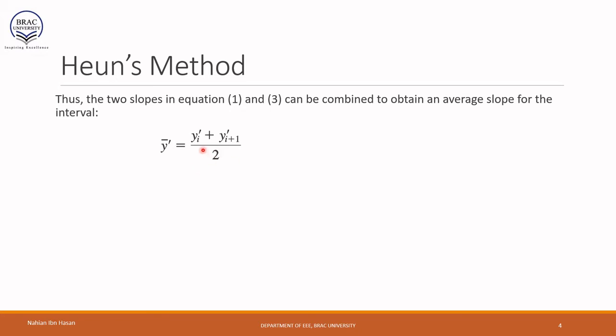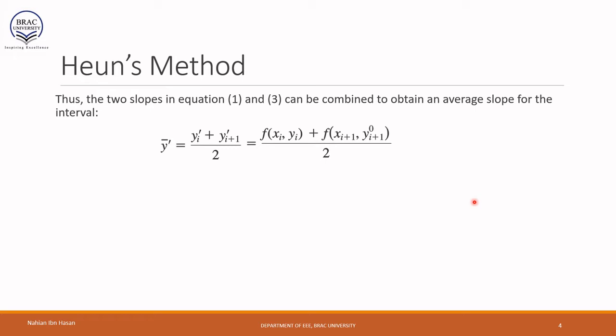Once we have the two different slopes, at the initial point and at the end point, we take the average of these two, and this represents the average slope within the whole interval.